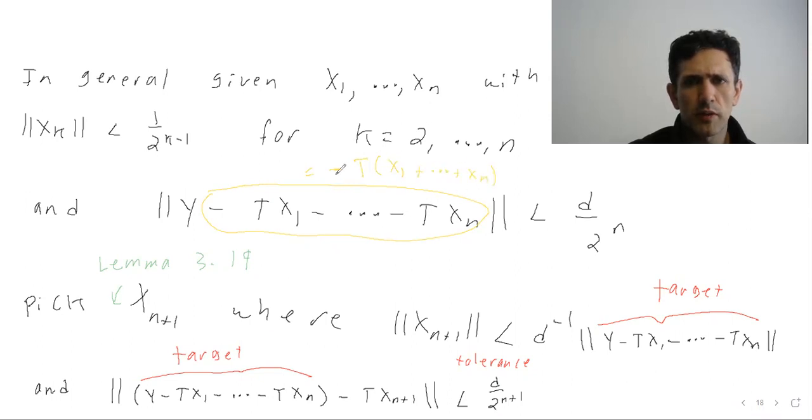It's absolutely trivial, just use linearity. So if we can get that x1 plus dot dot dot plus xn converges as n goes to infinity, we can take limits and use continuity, and we're trivially done.